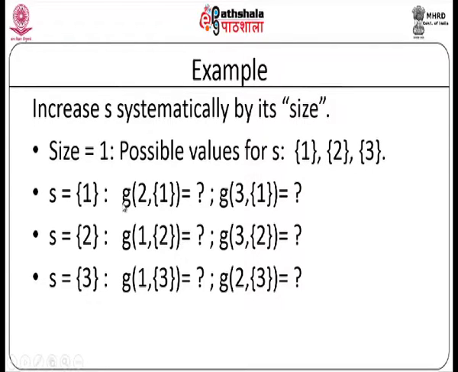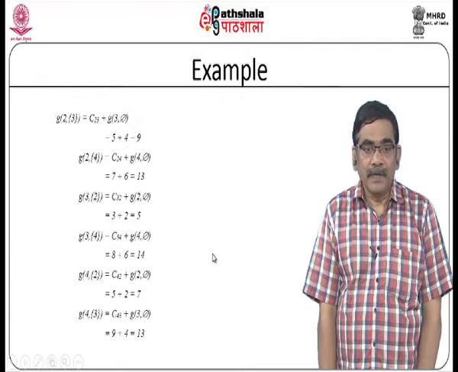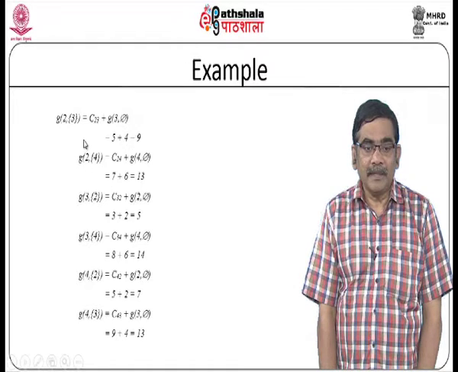Therefore, if S is going to be 1, then we have to find g of 2 comma 1, then g of 3 comma 1, then if S is going to be 2, we have to find g of 1 comma 2, like that. So, in other words, it becomes like this.